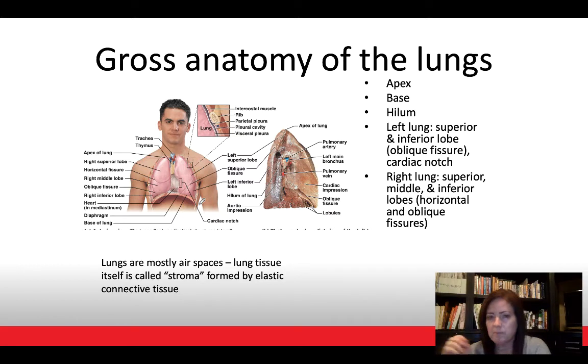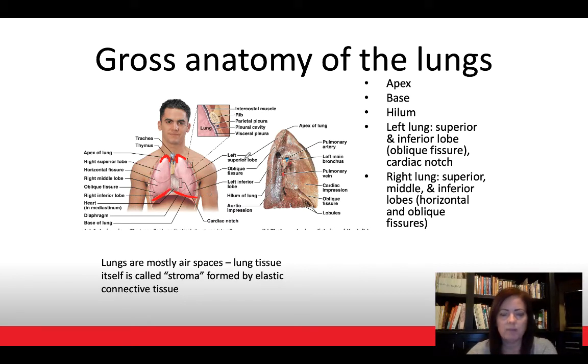Okay, some big picture anatomy of the lung. This would be more gross anatomy. The apex of the lung is going to be the pointy part at the top. We've got the base of the lung, which is going to be the broad part at the bottom here and here.